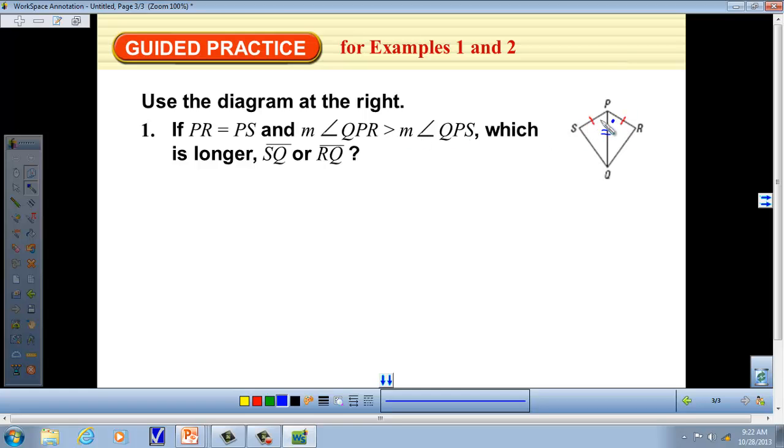QPS is this angle right here. So this is our hinge theorem, or side angle side theorem. Since we know these two sides are congruent to those two sides, this angle is bigger, so therefore QR, or RQ in this case, is going to be bigger than SQ.